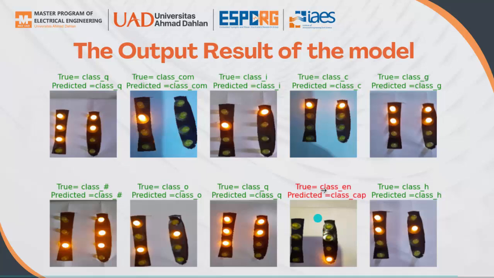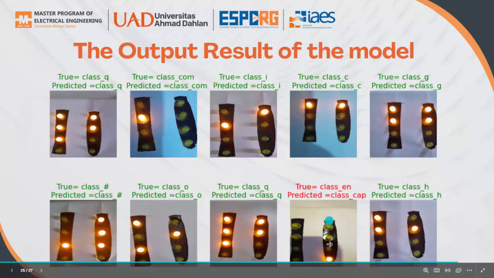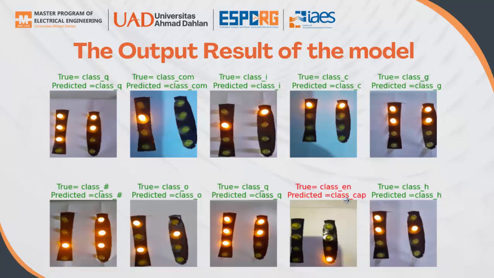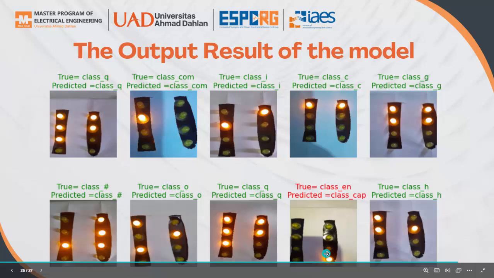The only one we can find here is the enter class. The true label must be an enter, which is the extra key we added to the model, but the predicted class is a capital letter. If you find the capital letter, you may find this: the LED must be on and all the other LEDs off.